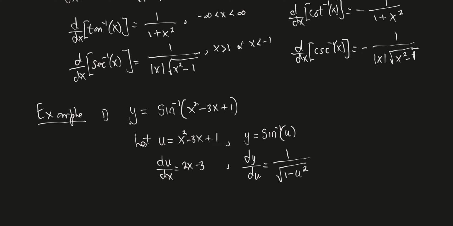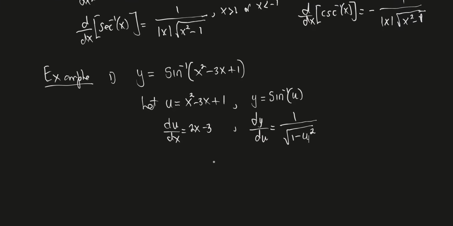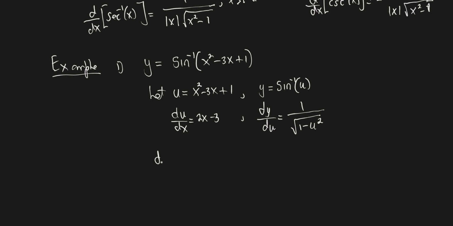So then if I want to find the derivative of y with respect to x, the first version of the chain rule says I multiply these two derivatives. So dy dx is equal to dy du times du dx. So dy du is the reciprocal of the square root of 1 minus u squared, and then I have to multiply by the quantity 2x minus 3.